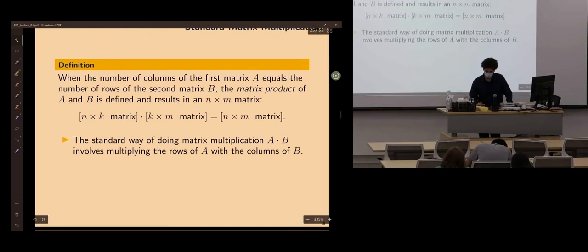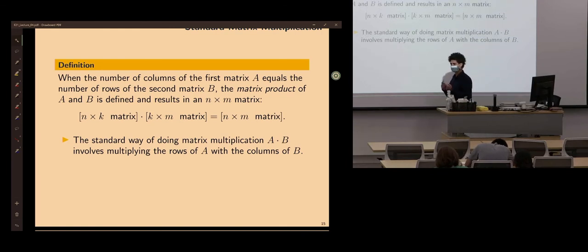The standard way is saying that it involves multiplying rows of A by columns of B. So we know already how to multiply a row vector by a column vector. We just saw it today. We could multiply a row vector by a column vector, right?